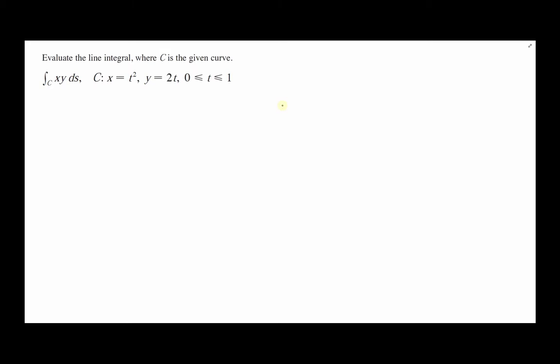Here we have to evaluate a line integral. So I'm going to start out with the formula.